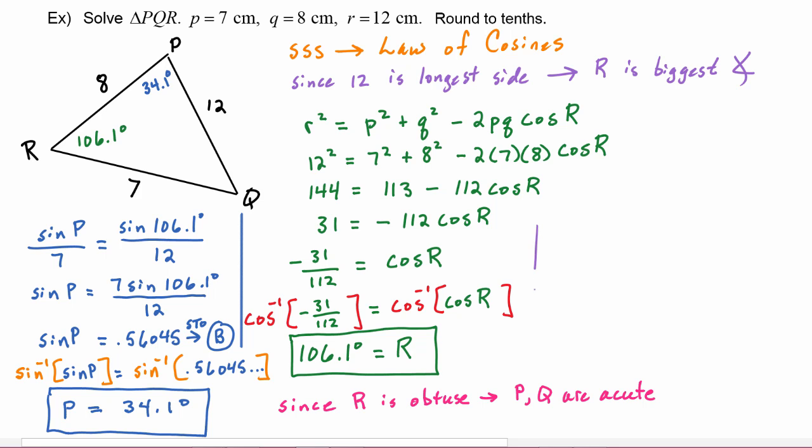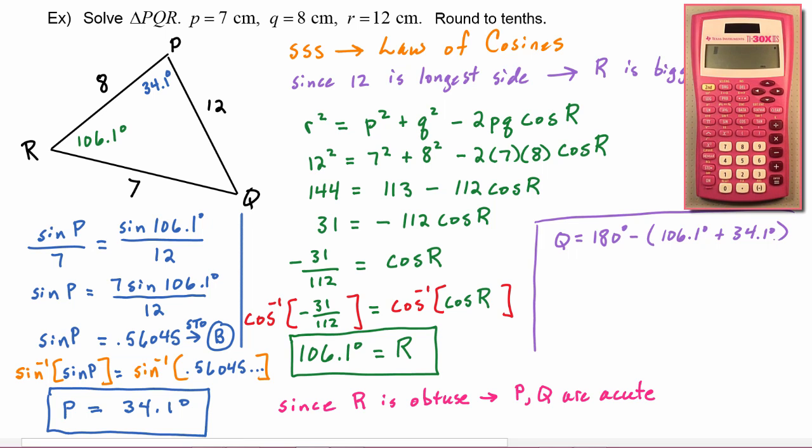Next, we can find angle Q by doing the triangle sum theorem. So we get Q is going to equal 180 degrees minus the sum of 106.1 degrees plus 34.1 degrees. Put that in your calculator.